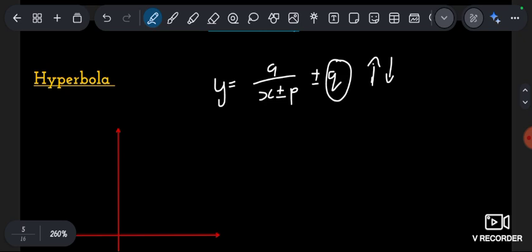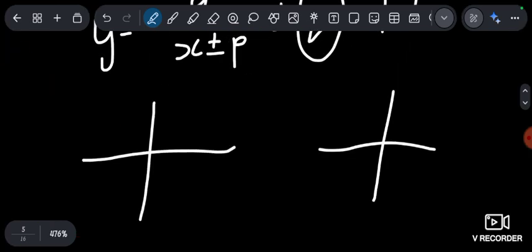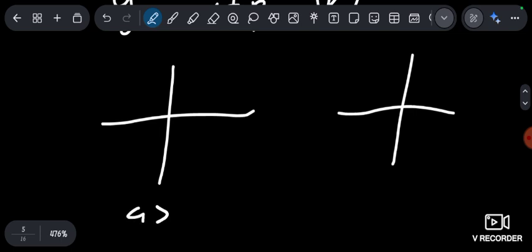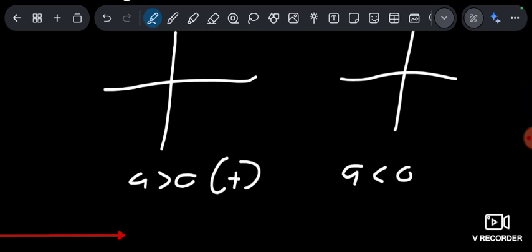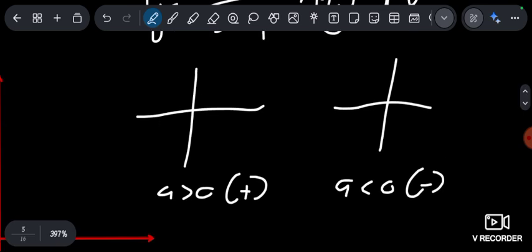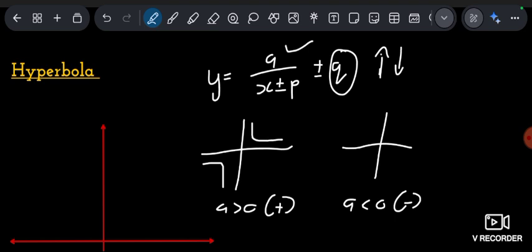Because it's just revision at the end of the day, guys. Now, you have two things like this, right? When a is greater than 0, what did we say? When it's positive, or when a is less than 0, which is negative, what do we do? When a is positive, we draw on the first and third quadrants.